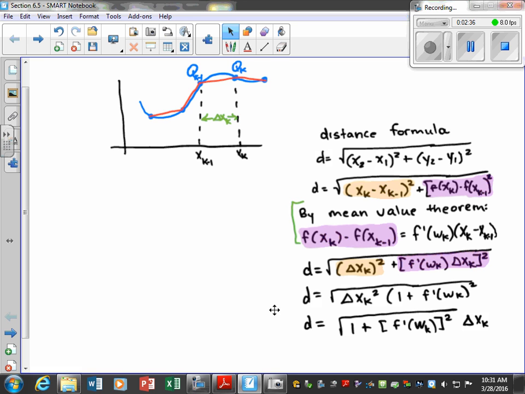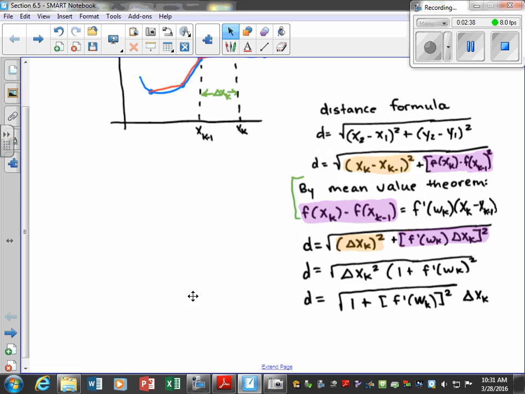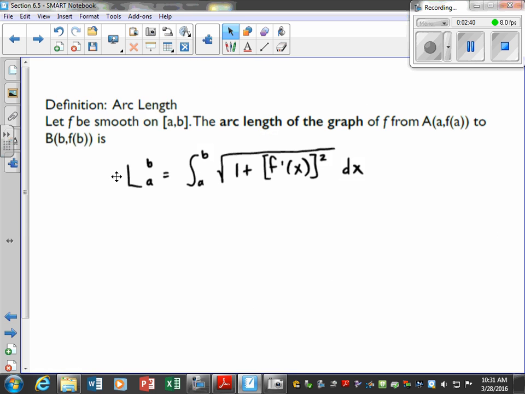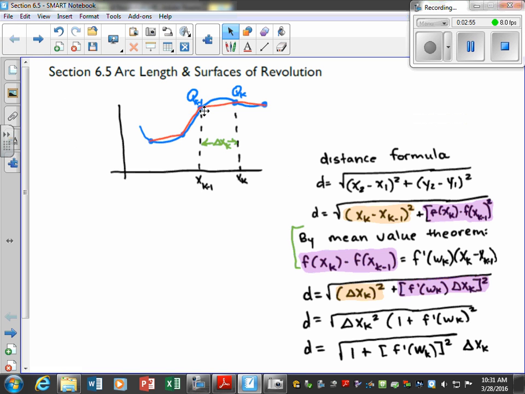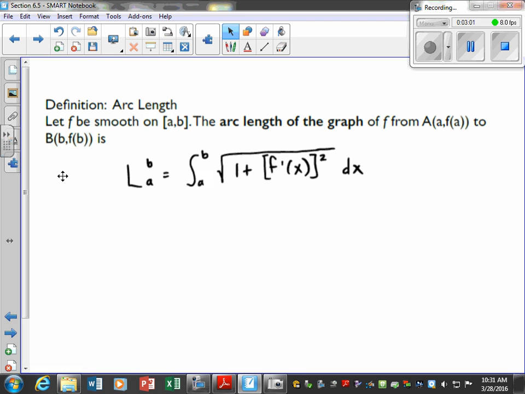I know that's a little bit confusing, but when I show you our arc length definition in just a minute, you're going to ask, how do you get the arc length? This is our way of going through that to see why we have 1 plus f prime of x squared dx. That's how we find the arc length, the length of this blue arc in that position.